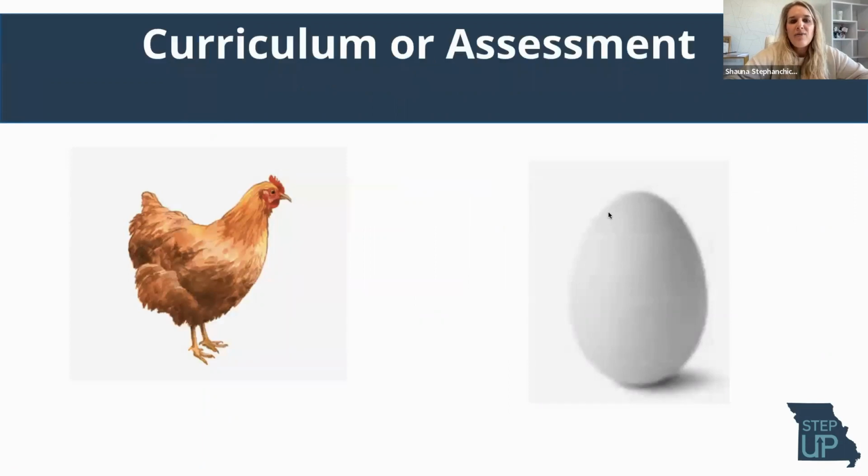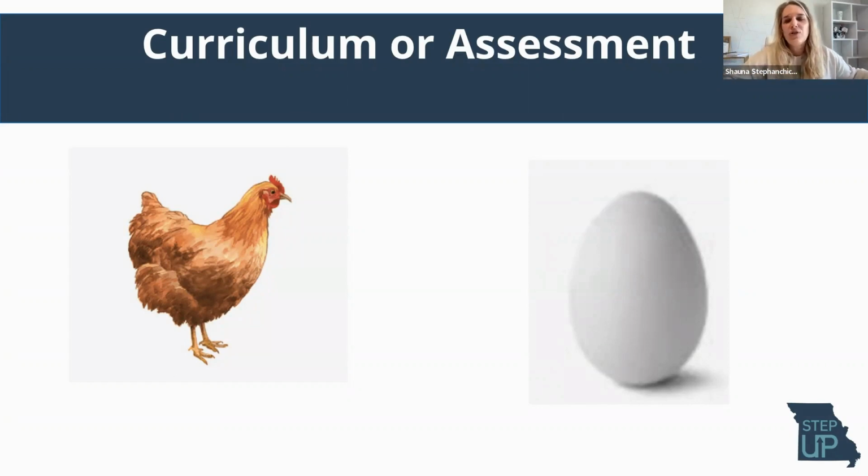So I love to start off with this chicken or the egg question, curriculum or assessment, as we get ready to talk about, as I mentioned a minute ago, we're backward design focused at our company. I love doing this activity with staff, and we'll typically have them do a value line. If you believe that curriculum comes first, stand on the left. If you believe that assessment comes first, stand on the right.